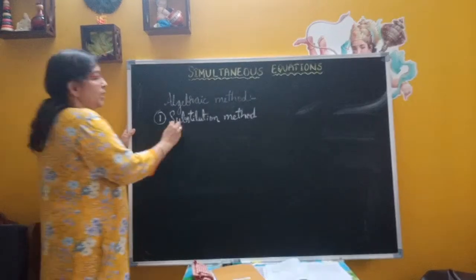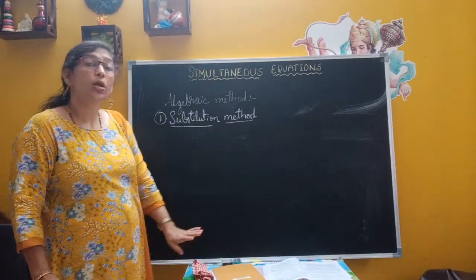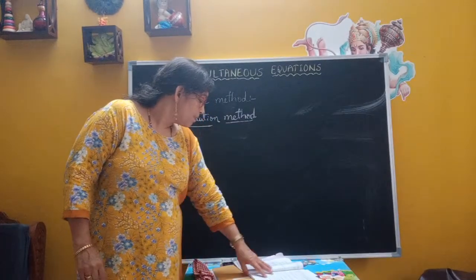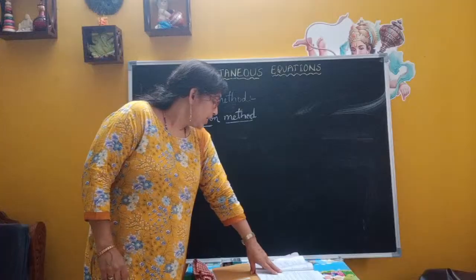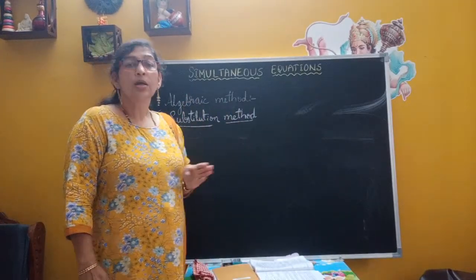Now let me explain this method with the help of an example given in your exercise 3.3. It is the first sum. I'll go with a simple problem first, then we go for the more complicated ones.